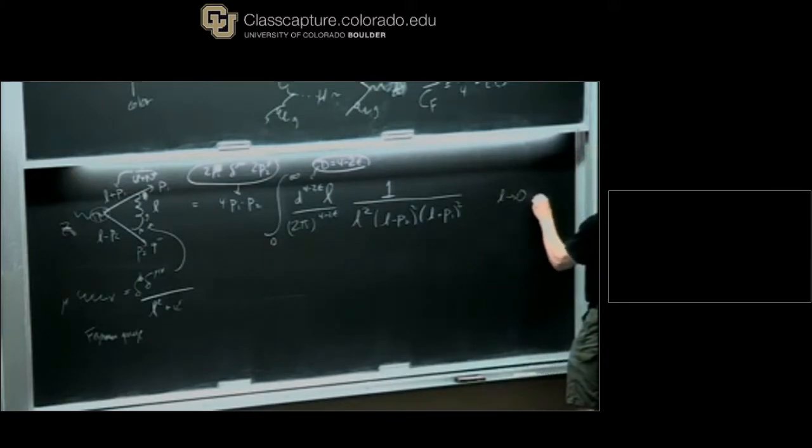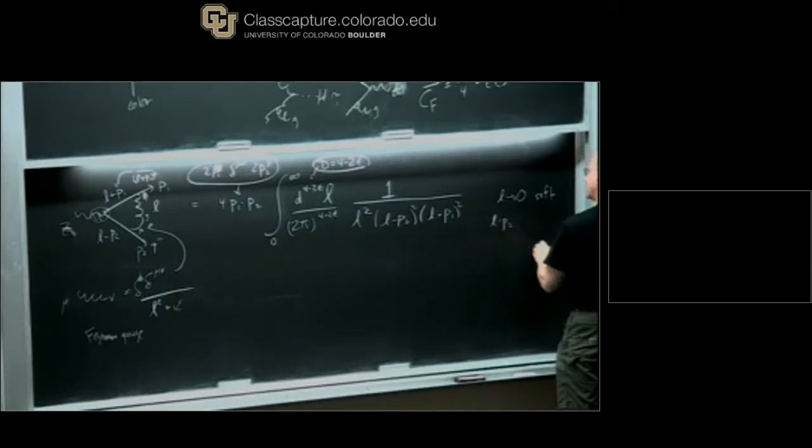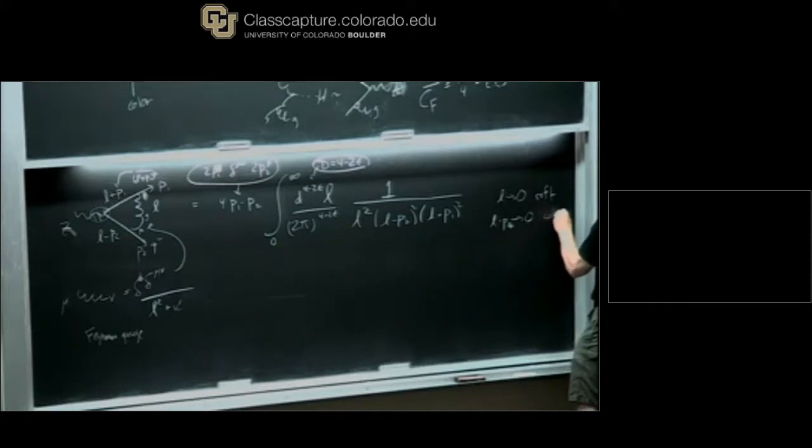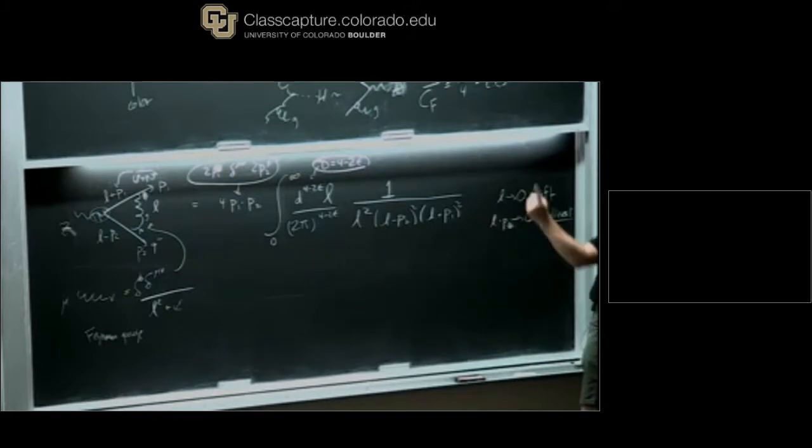So L goes to 0 is soft. But within L goes to 0, I can also have L dot P1, L dot P2, which is L dot Pi goes to 0, is collinear. So I really have three regions that intersect near L equals 0. I have collinear with line 1, collinear with line 2, and soft.